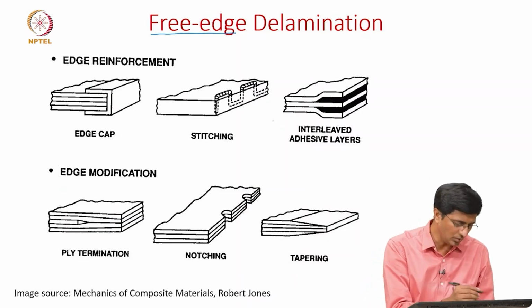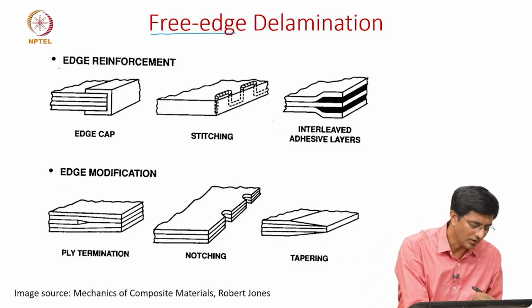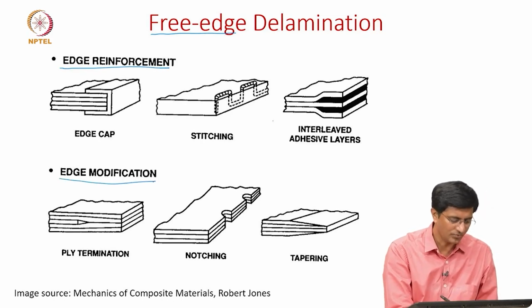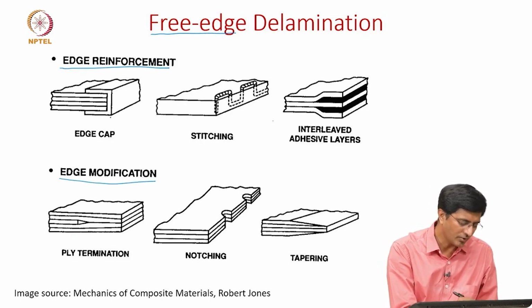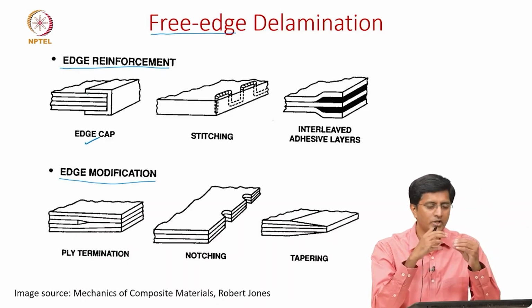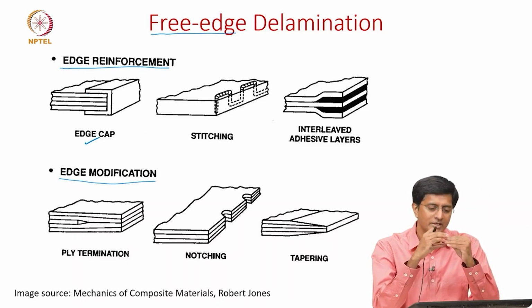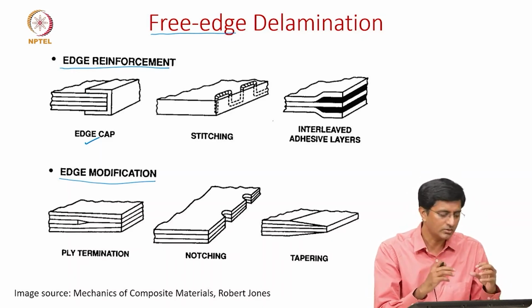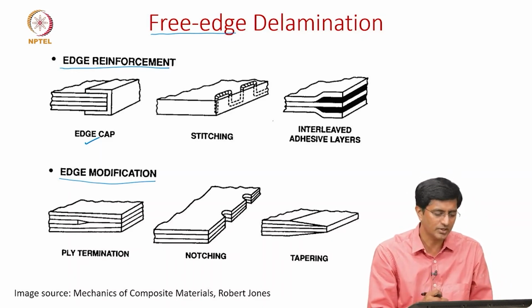So there are two strategies. One, either you do an edge reinforcement or do an edge modification. So in the edge reinforcement, we are discussing about an edge cap, meaning at the edge you put a reinforcement which, like a staple, holds all the layers together, basically to prevent the free edge delamination.